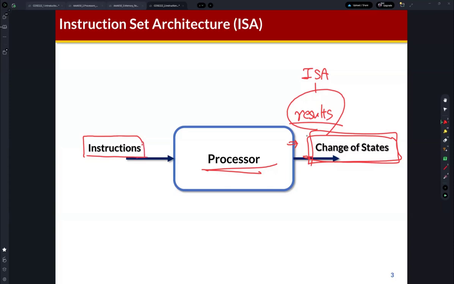Instructions actually change the data in these memory components, but the instruction set architecture just defines the memory components as the registers and main memory.